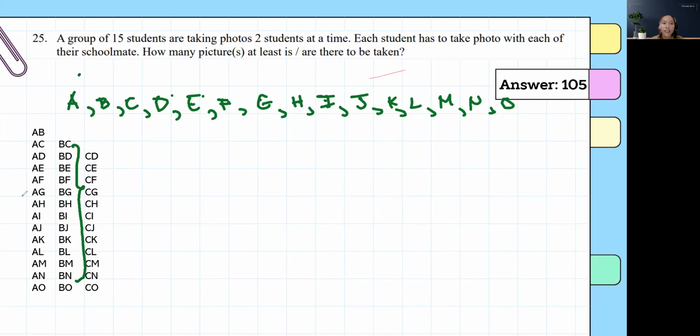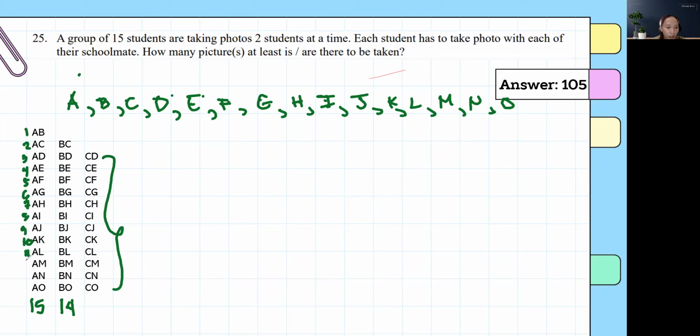Okay. Next, when it's C's turn, he will be paired up with this many people. So A has been paired up with 15, B has been paired up with 14. No, let's check. 1, 2, 3, up to 14. My bad. It's 14.